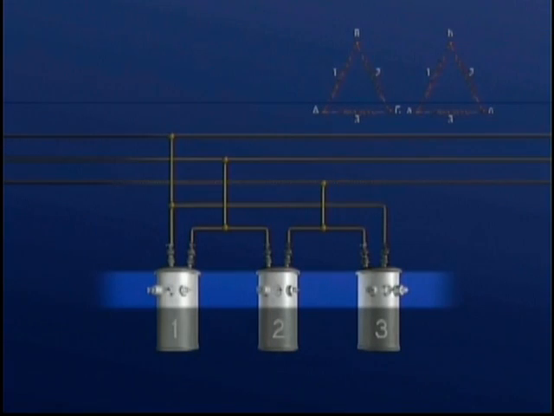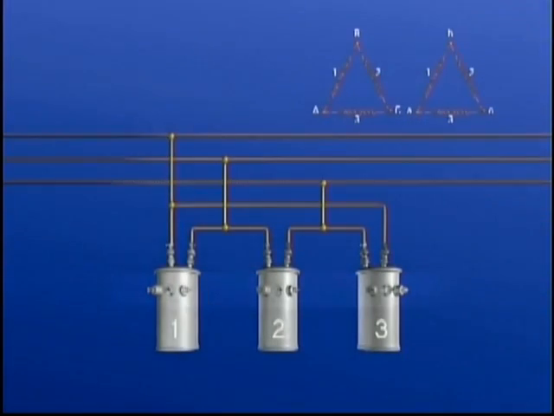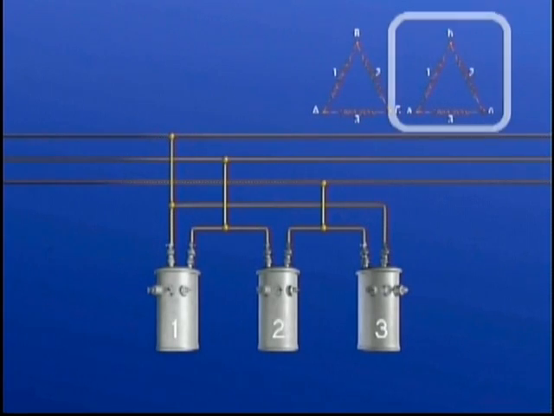To finish the delta-delta connection, the secondary windings must be connected in a similar relationship according to the secondary phasor diagram. Again, to simplify our explanation, we've numbered the sides of the phasor diagrams that correspond to the windings in the transformers 1, 2, and 3.